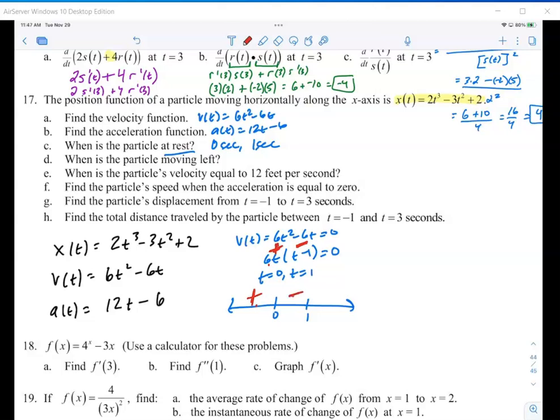Bigger than 1, like 2: 6 times 2 is positive, 2 minus 1 is positive, so it's positive. So moving left or down would be this part, between 0 and 1 second. Moving right or up would be the plus parts.